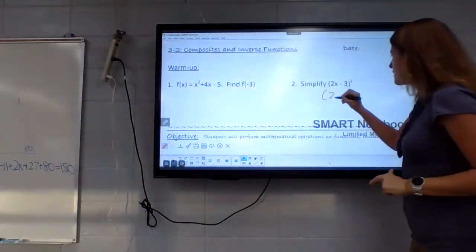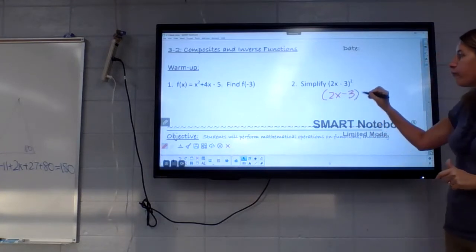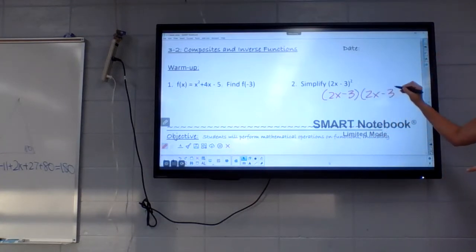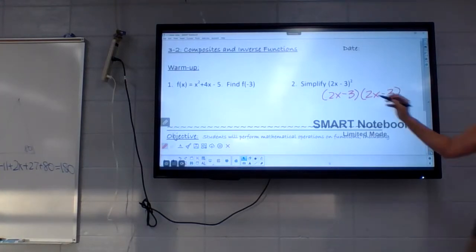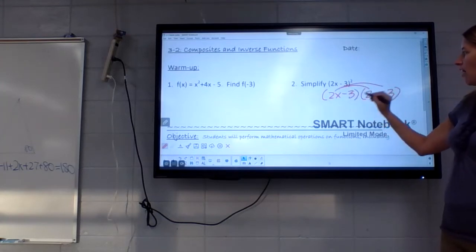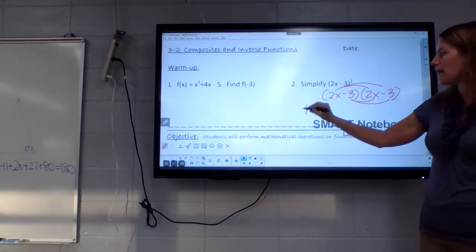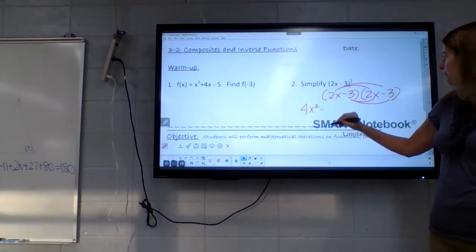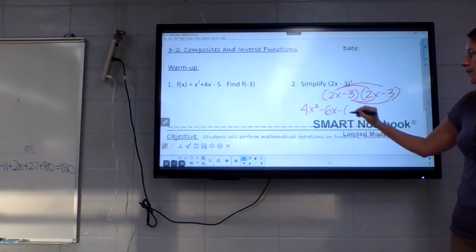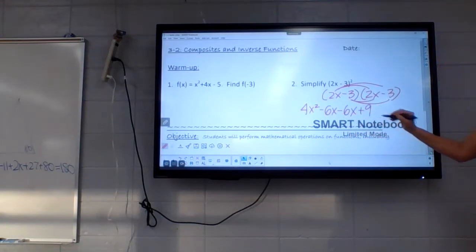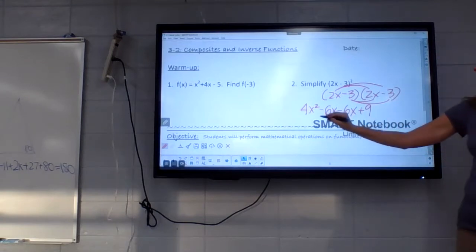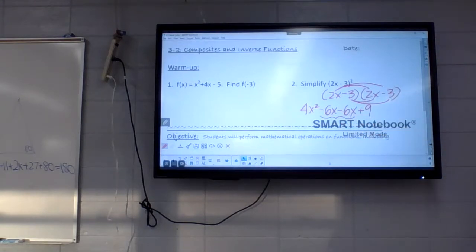When we write it twice, then we have to do FOIL, double distribution, however you guys think about it, remembering to distribute. So we're doing 2 times 2, so we should have 4 terms: first, outer, inner, last, all those different fun acronyms we have with this. And then we remember that we can combine like terms in the middle. Careful, those 2 negatives do not cancel.